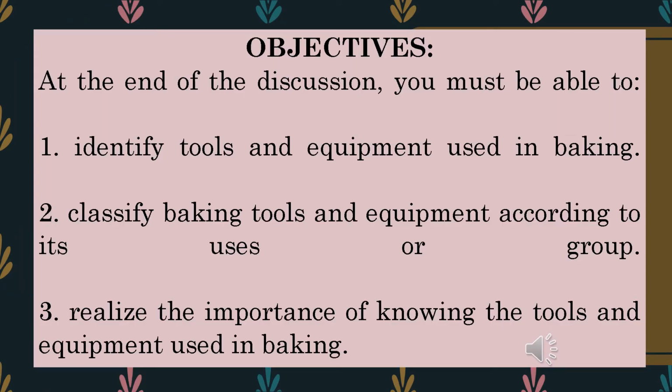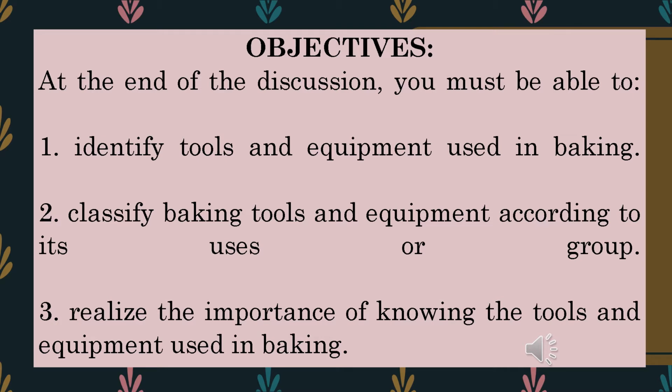Lesson 1 has the following objectives. At the end of the discussion, you must be able to: number 1, identify tools and equipment used in baking.